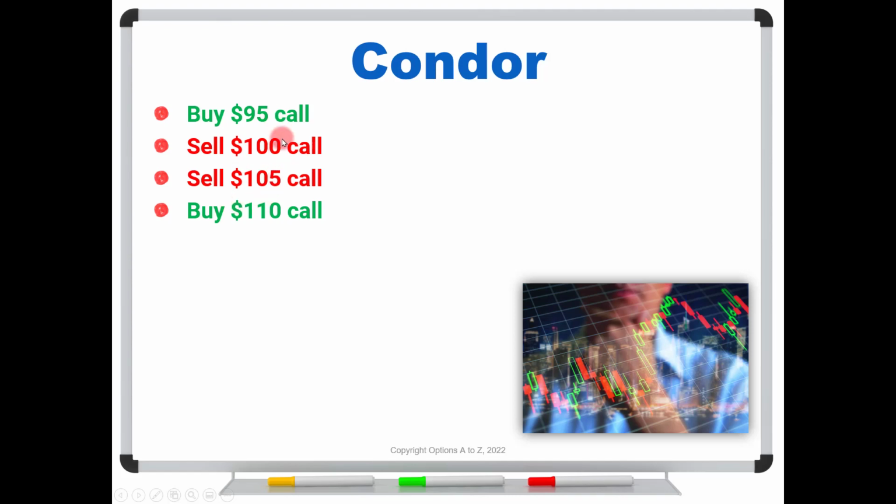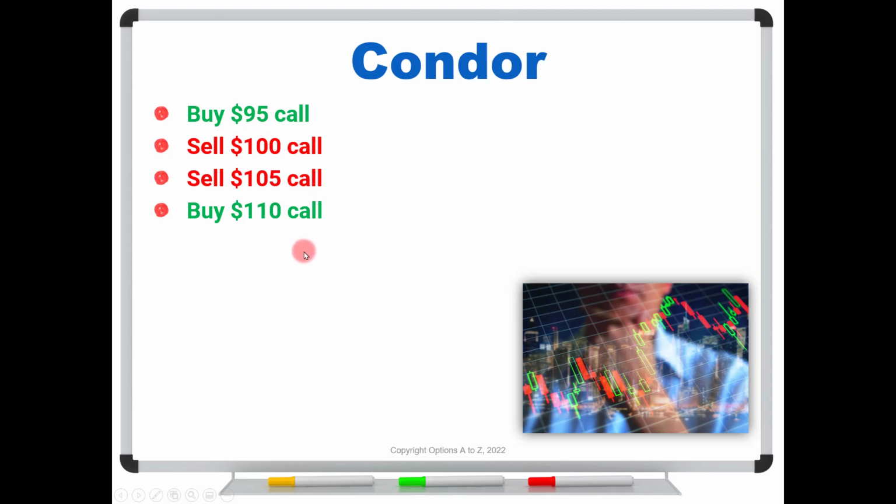They are also spaced equally. I've gone from 95 to 100, 105, 110. They're spaced by 5. You could use other numbers. You could use 2.5s, 5s, 10s. And there are reasons why we might choose one of these different spacings. I won't go into that now. But they have to be equally spaced, at least for the basic versions.